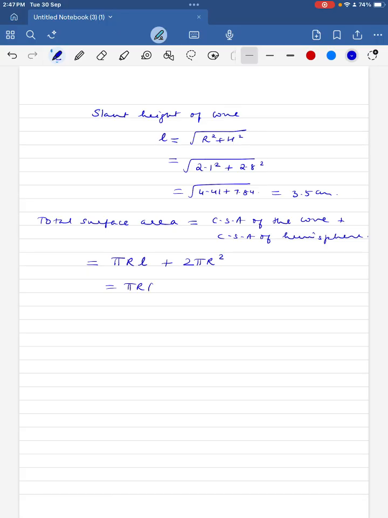I can take out pi r common and I'll have L plus 2r in the bracket. Now let's substitute the values. Pi is 22 by 7, r is 2.1, L is 3.5 plus 2 times r, which is 2.1. Now this is 22 by 7 into 2.1 times (3.5 plus 4.2), which gives us 7.7.